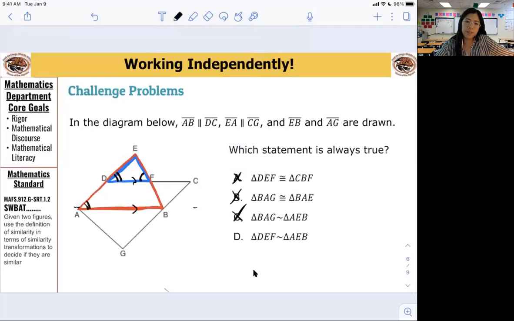Take it, Jalen. It's B. To B, yeah. And so now I've got a similarity. And I'm done. D is the correct answer.